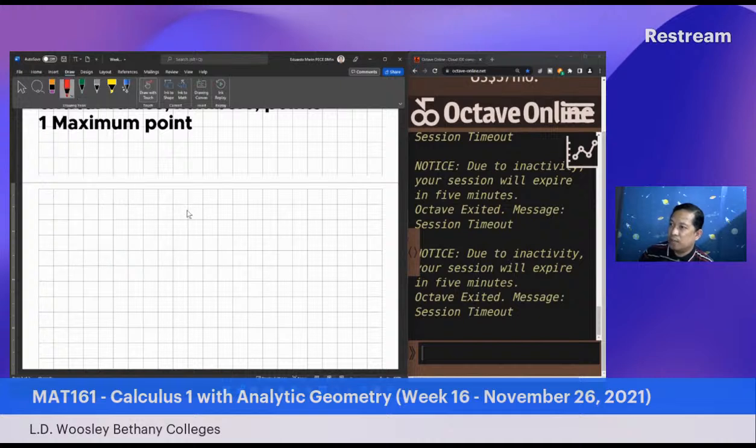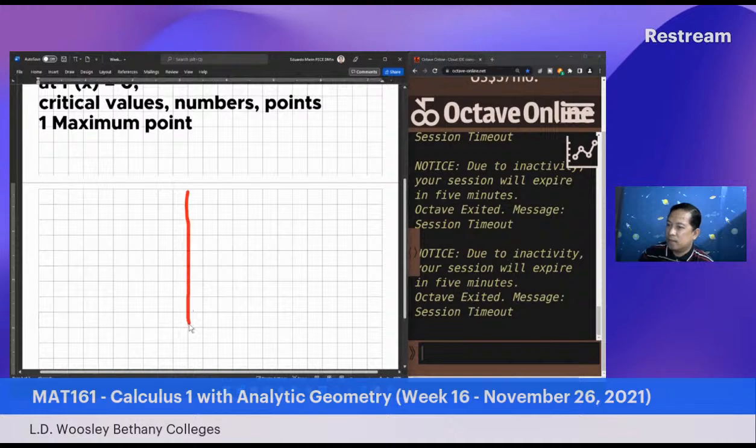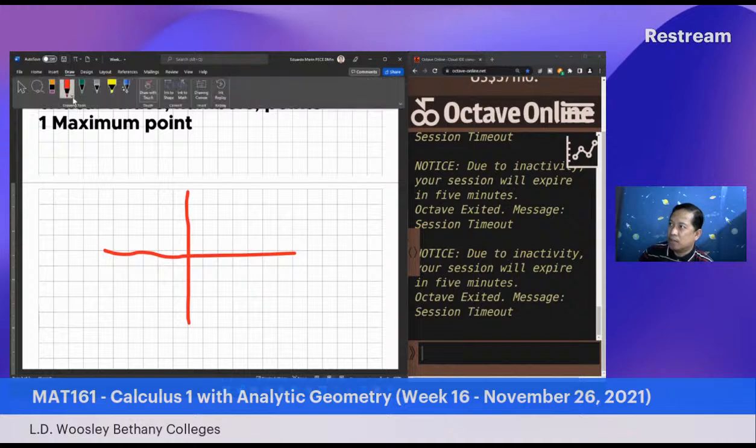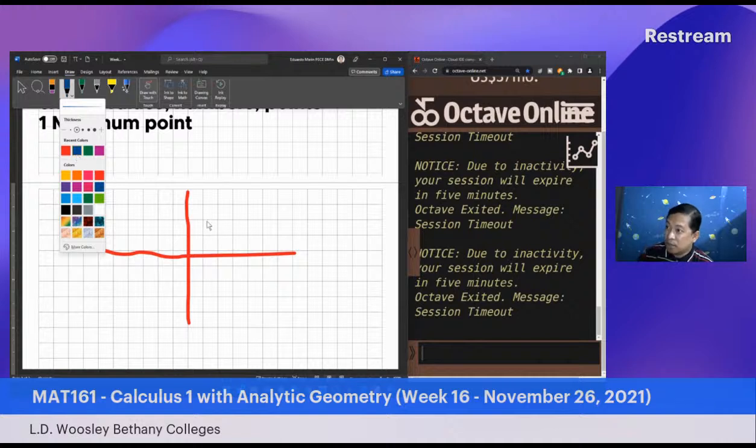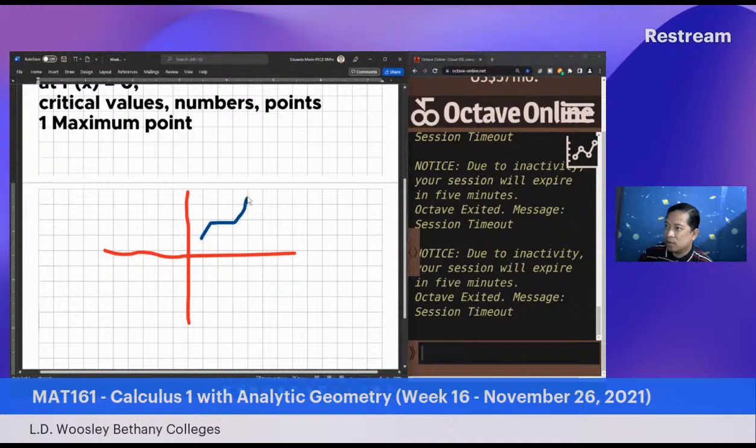So assuming you have a graph here, and there is a function, for instance, something like that.